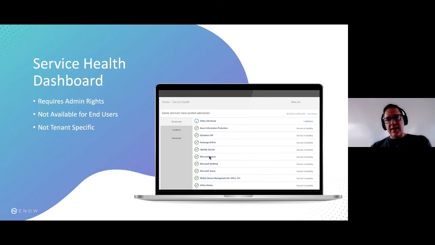Because at the end of the day, if Microsoft meets their SLA around the ability to keep the service online, if you have a problem, the ADFS issue I talked about, that's your problem. And it impacts your employees being able to leverage the service.